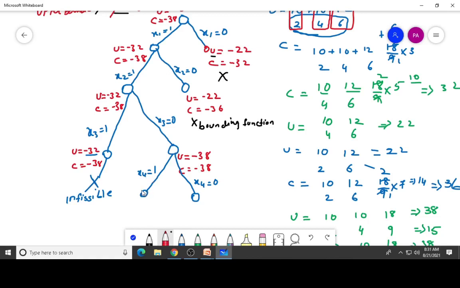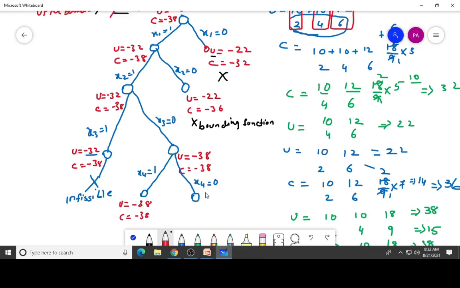You are going to get the same thing: U is equal to minus 38, C is equal to minus 38, because here we added the fourth one.